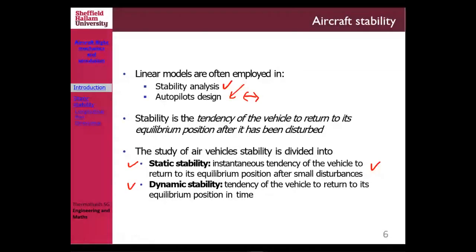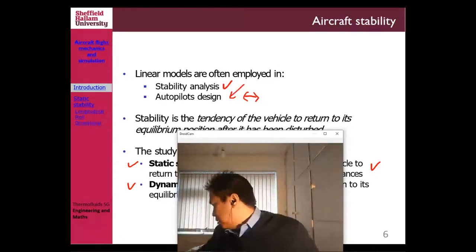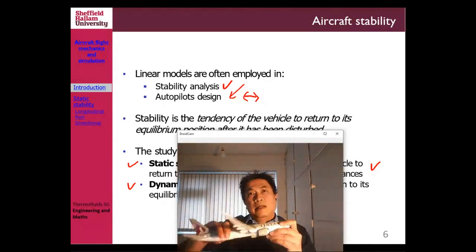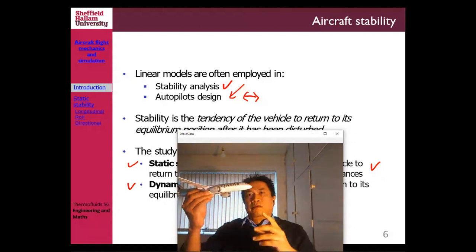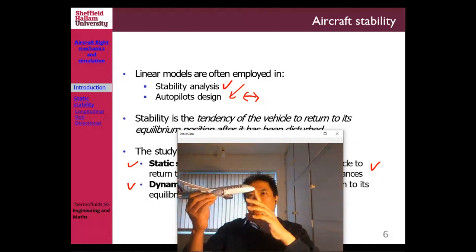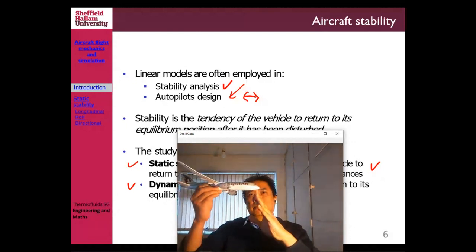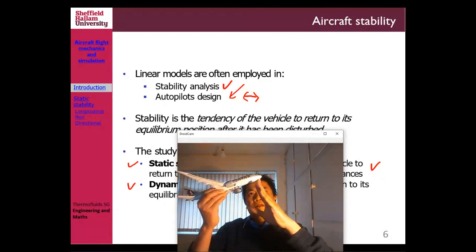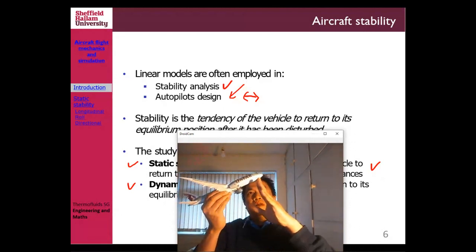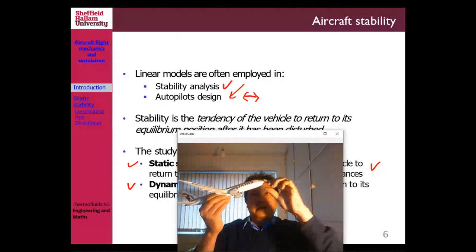I'll take an example, if I could just use my model here. If you talk about the tendency of your aircraft to be stable, say you get a gust disturbance that makes your aircraft pitch up, then your angle of attack alpha increases, and obviously your lift also increases because the angle of attack increased.